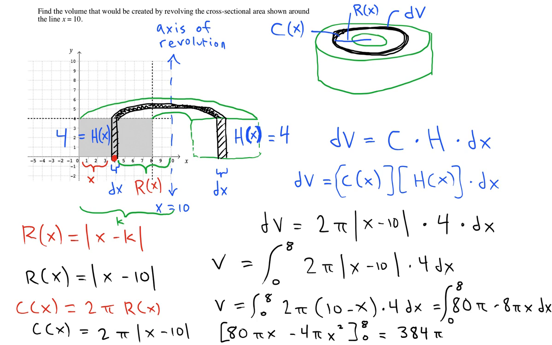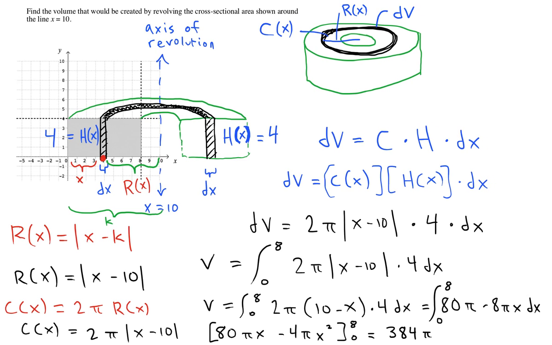All right, now how could we check a result like this fairly easily? We could use geometry formulas and a simple subtraction.